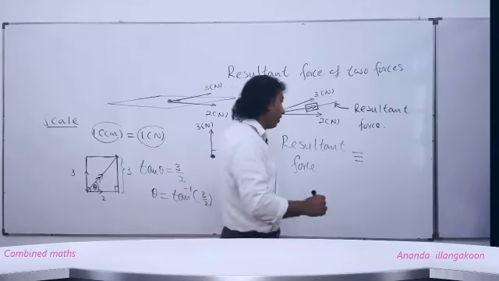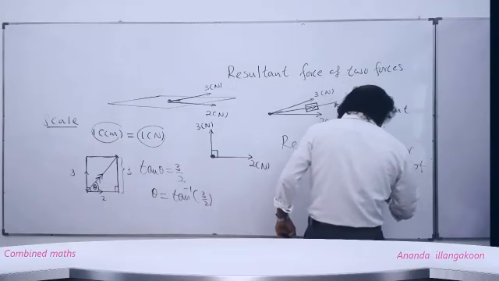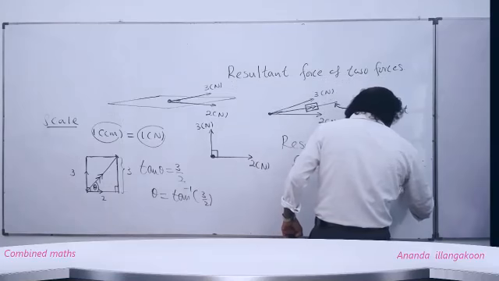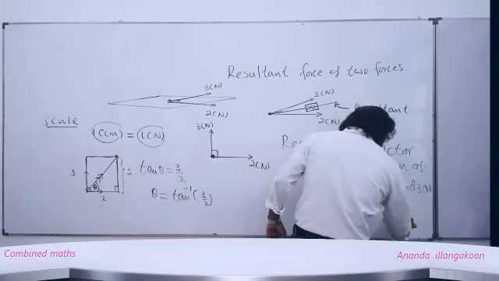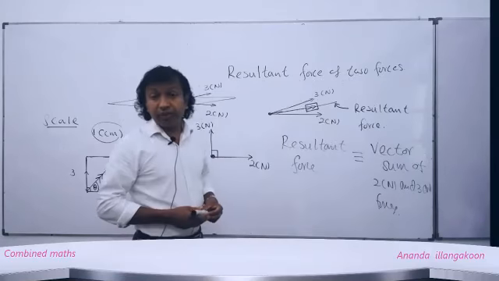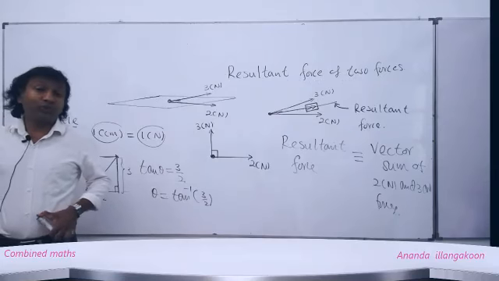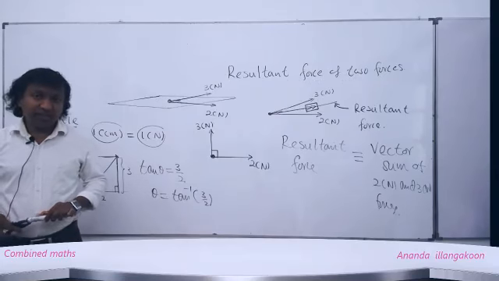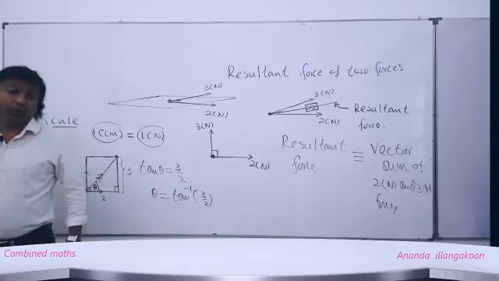Vector sum, we say vector sum of 2 newton and 3 newton forces. Therefore, remember, vector sum of two forces means the resultant force of those two forces.